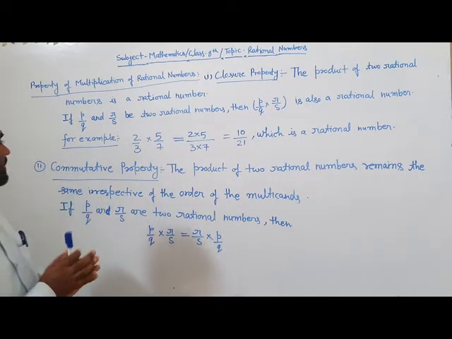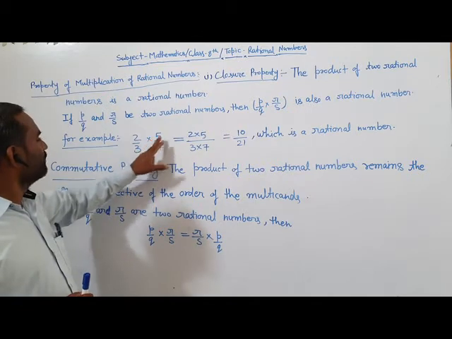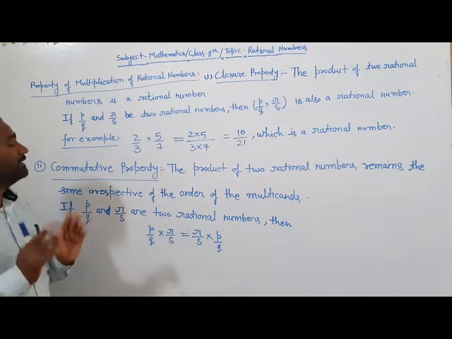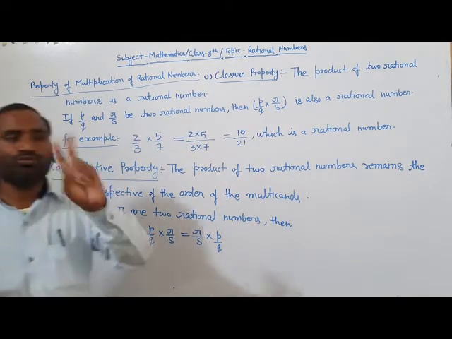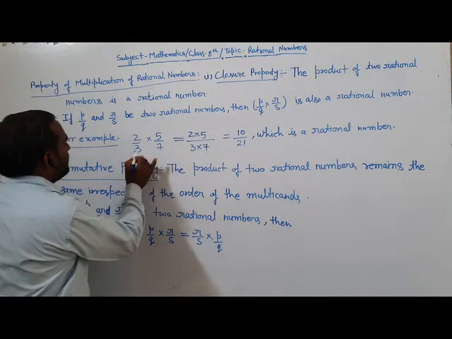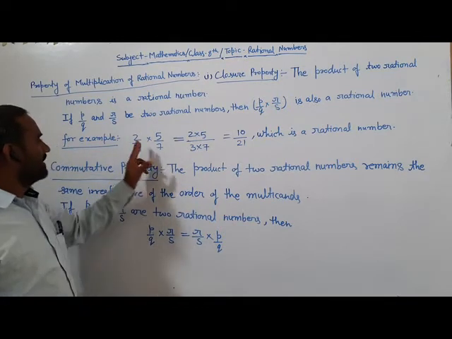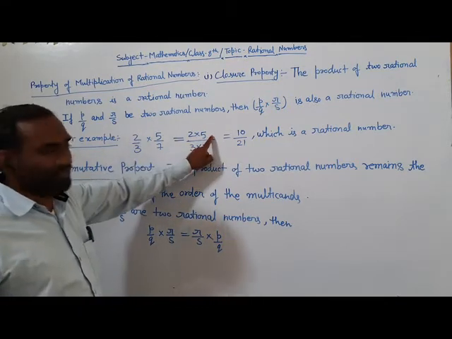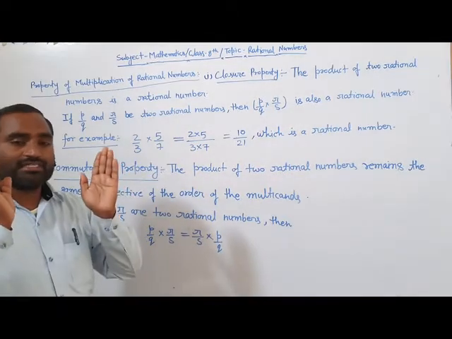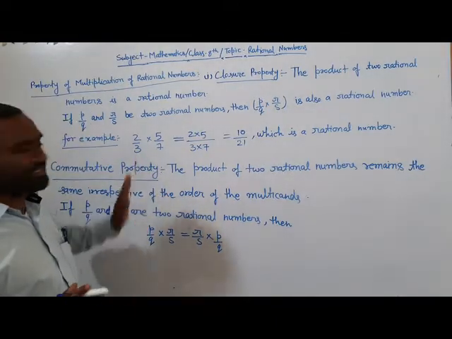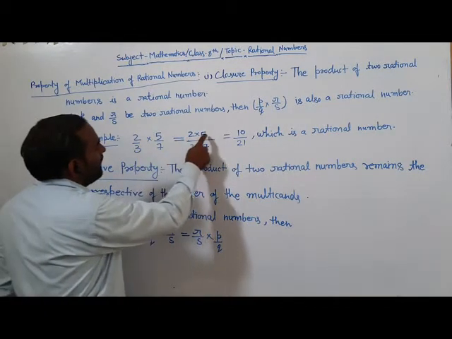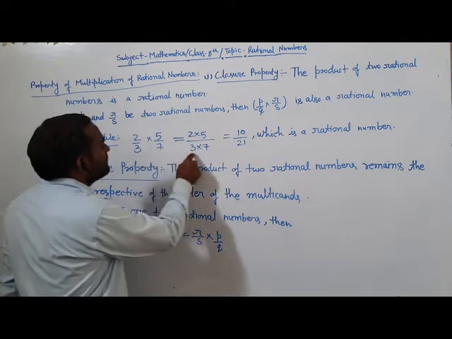If we multiply 2 by 3 into 5 by 7, in multiplication, numerator is multiplied by numerator and denominator by denominator. Here 2 is multiplied by 5, and 3 by 7.